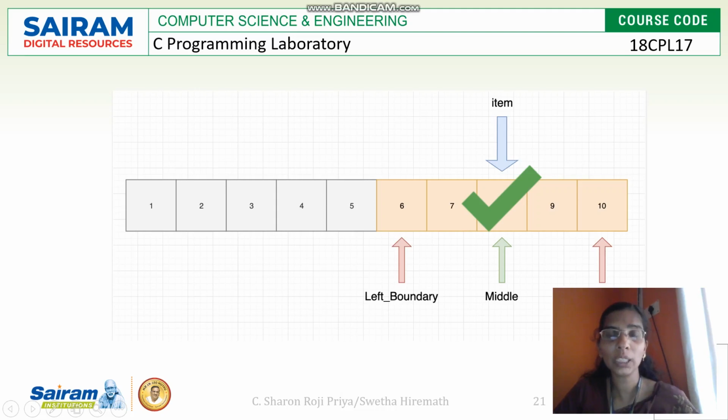Then you check whether the item you want to search is equal to the middle element. If not, you have to check whether the middle element is less than the search element or greater than the search element. Less than the search element means you have to move the left boundary to the right side, and greater than the search element means you have to move the right boundary. Likewise, you have to do the process until you find the search element.